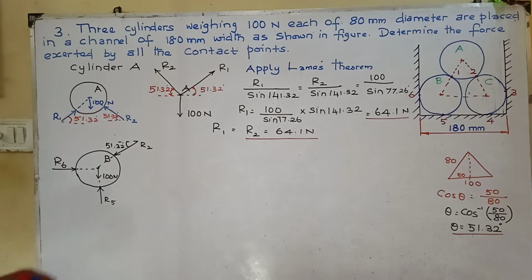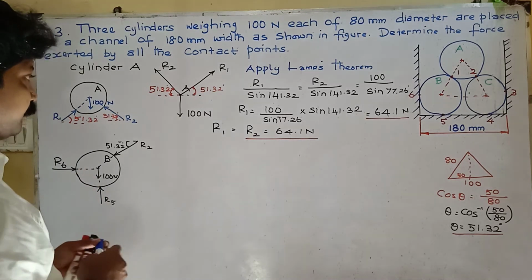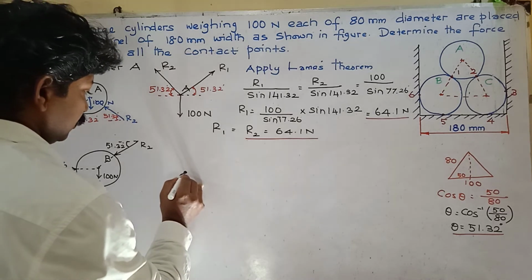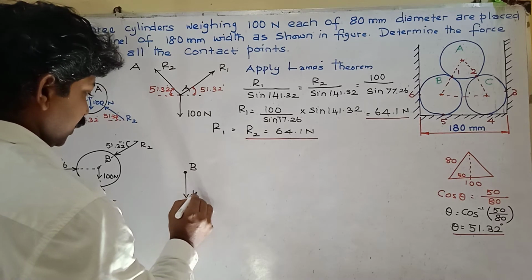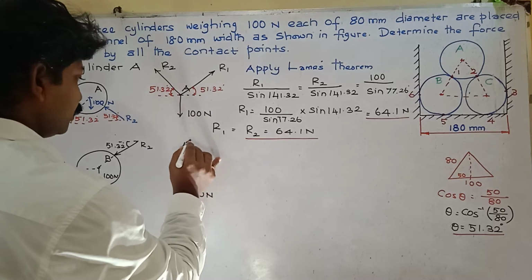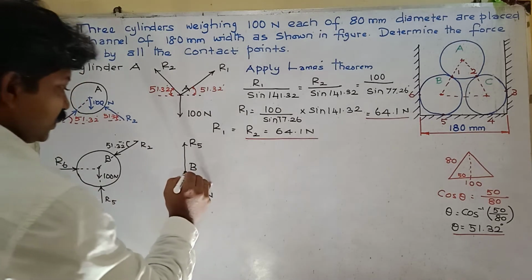So 4 forces are acting at the cylinder B. So form the equations. Draw the line diagram. Weight of the cylinder 100 Newton and R5 in the opposite direction, and R6.